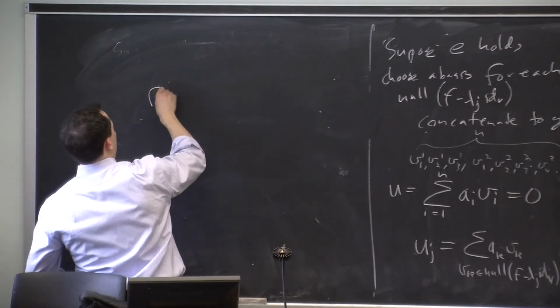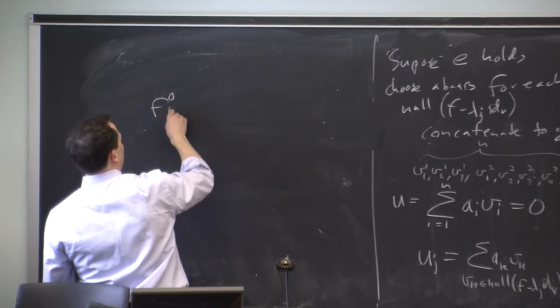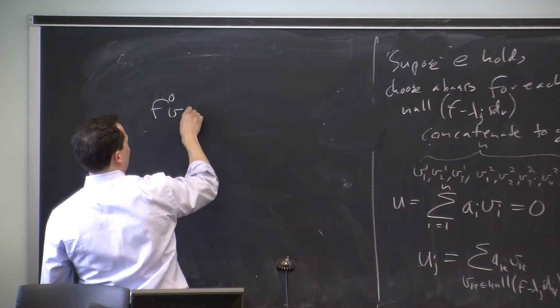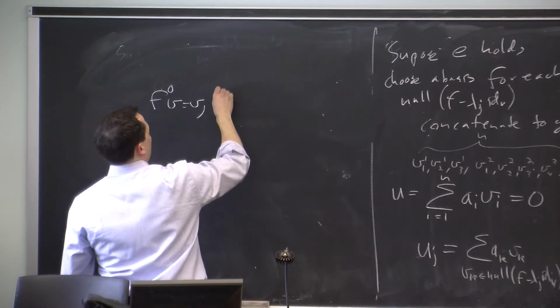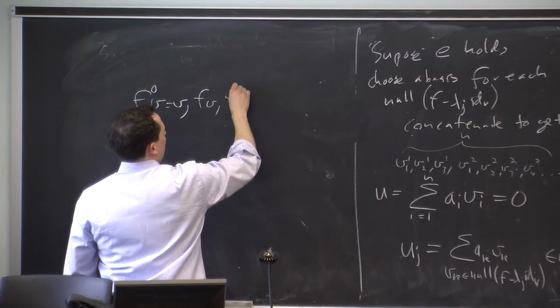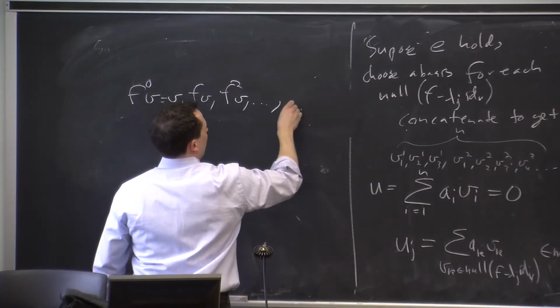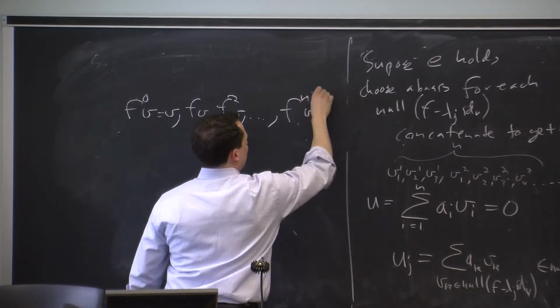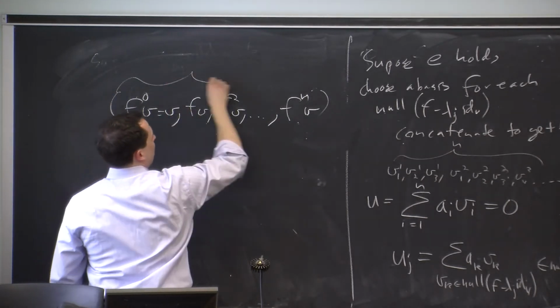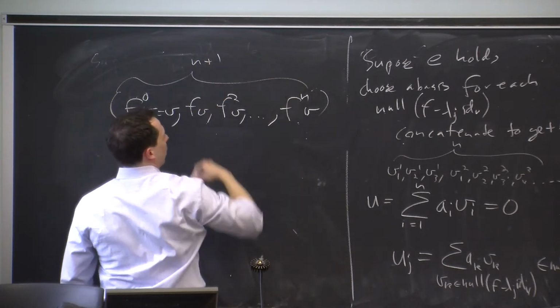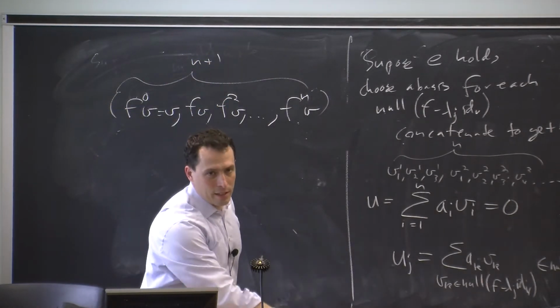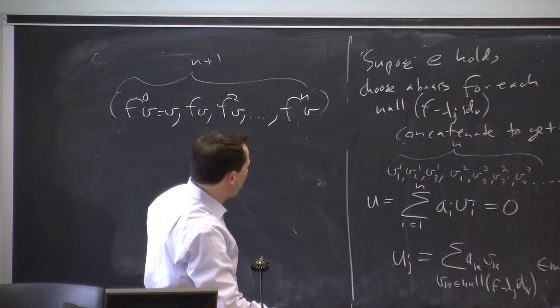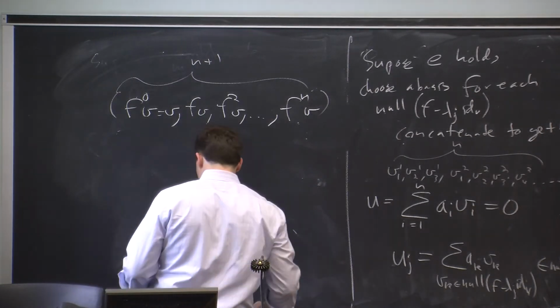That's f to the 0, which is the identity applied to V, otherwise known as V, F applied to V, f squared applied to V, all the way up to f to the n applied to V. That's a list of length n plus 1 vectors in an n-dimensional space, and so it must be dependent.